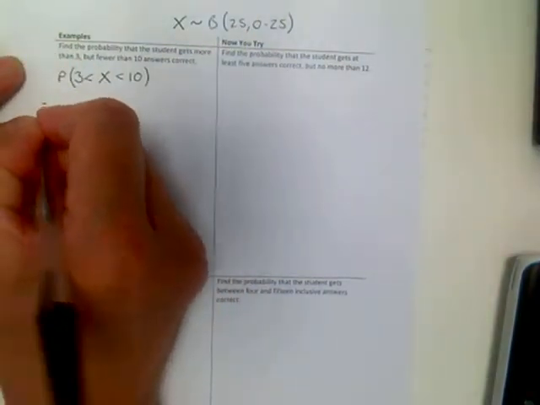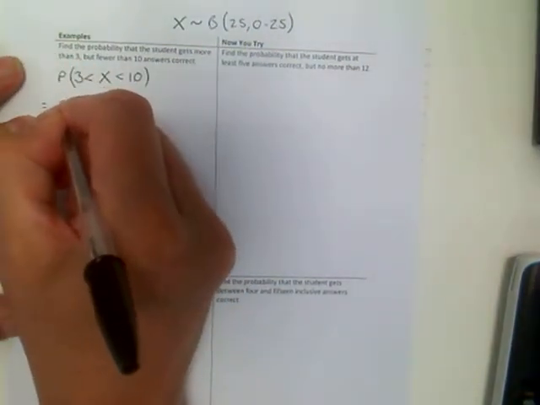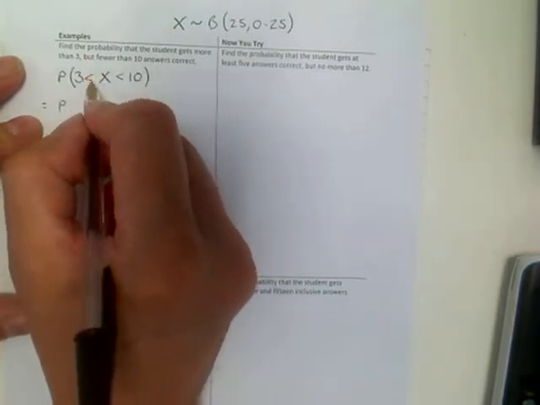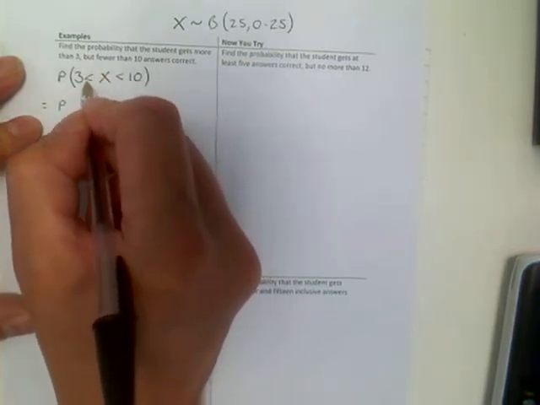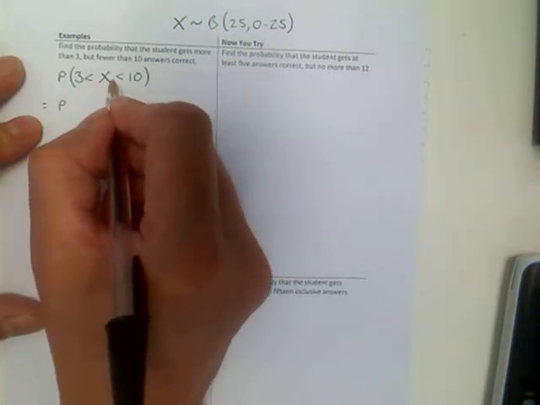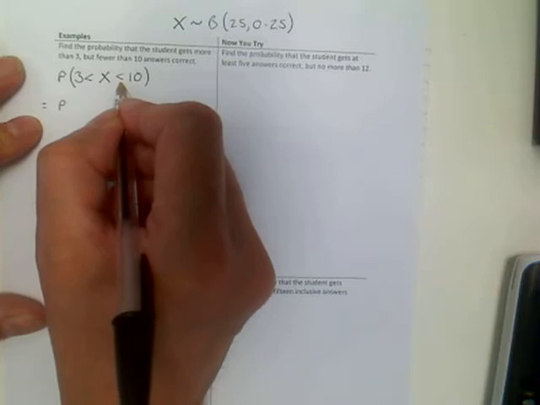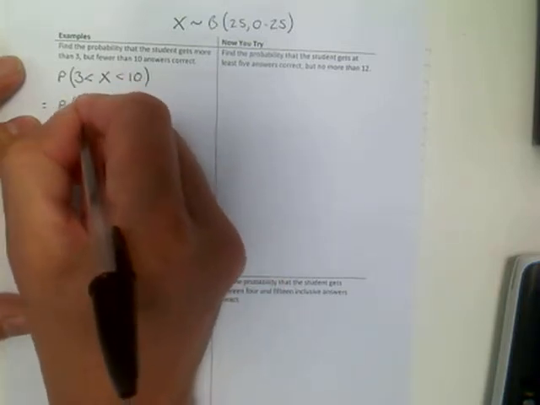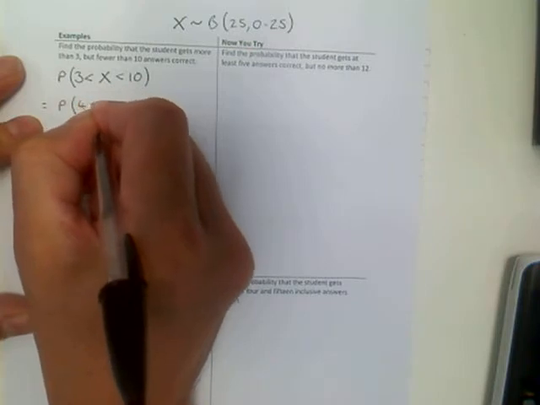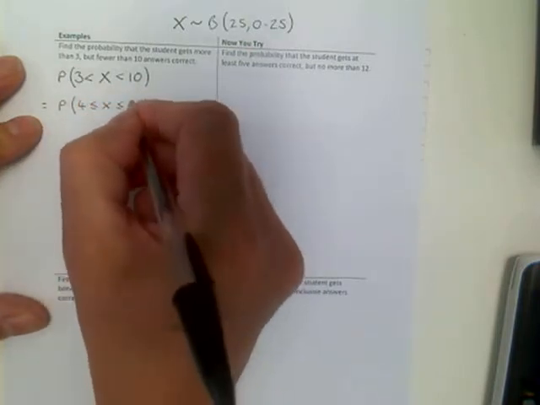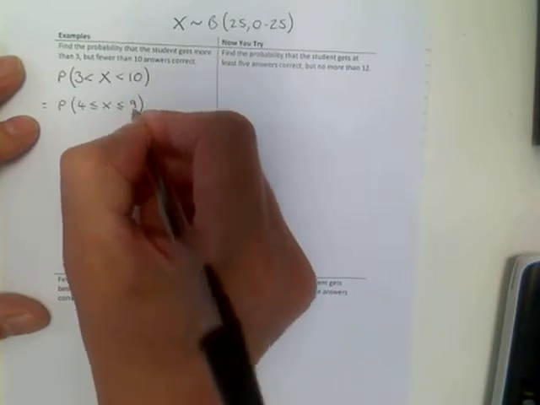That is the same as saying we're looking for values of x that can be not 3 but 4, 5, 6, 7, 8, 9, but not 10. So really what we are looking at is that.